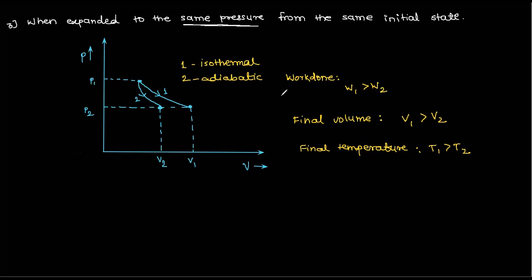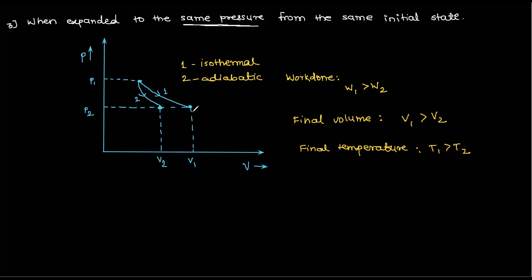Next one, work done one more time. Work done in which process? Isothermal process is greater than work done in adiabatic process. Next one, volume of isothermal process is greater than volume of adiabatic process. That is, final volume.